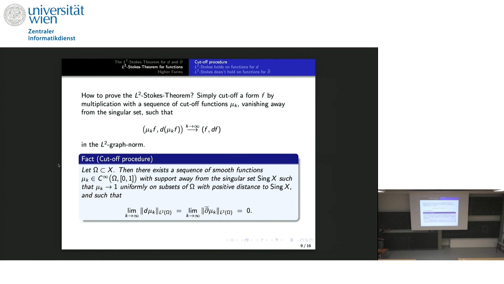So what we need is that this here goes to 0. But f is in L2, and this goes to 0 in L2. So by Hölder, the whole thing goes to 0 in L1, okay? But it should go to 0 in L2.